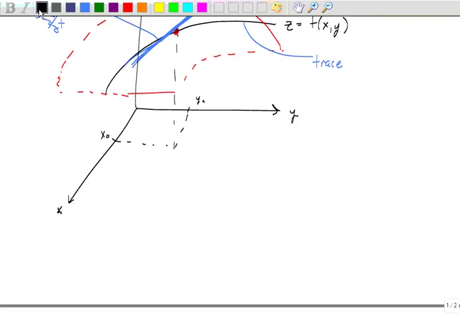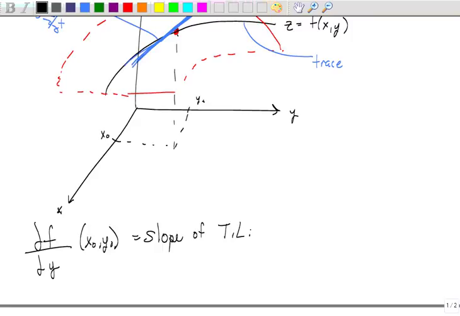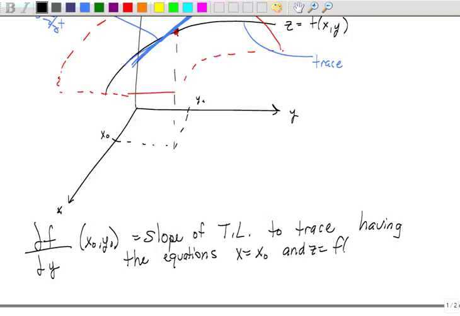Now, df dy at that point is the slope of the tangent line to the trace, having the equations x equals x0, so that it's in the x0 plane, at that point.